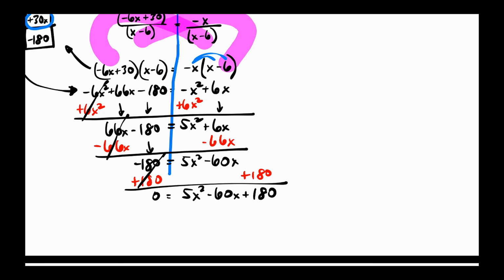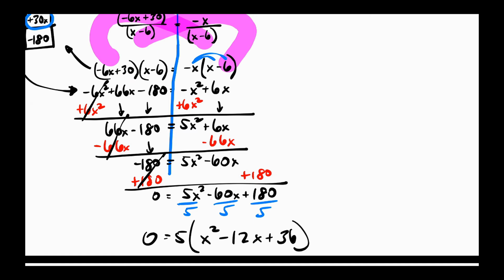Okay. So now I have a trinomial. So set it equal to 0. Well, that's what I did here. Okay. GCF, you can divide them all by 5. So you get x squared minus 12x, and then this is plus 36. We divide them all by 5.